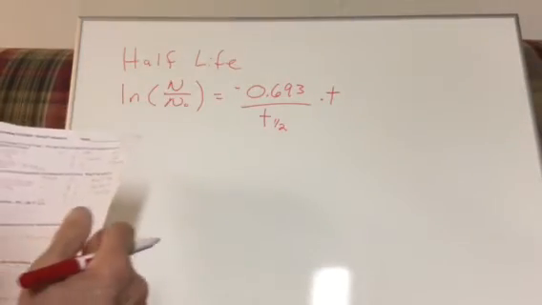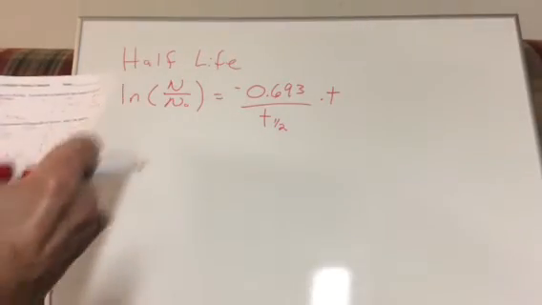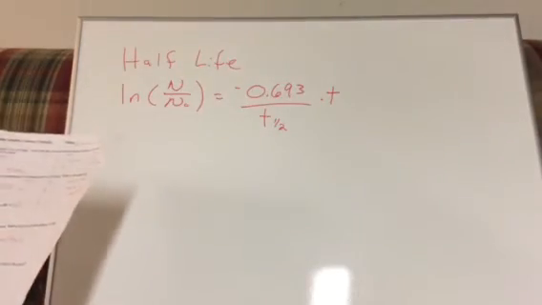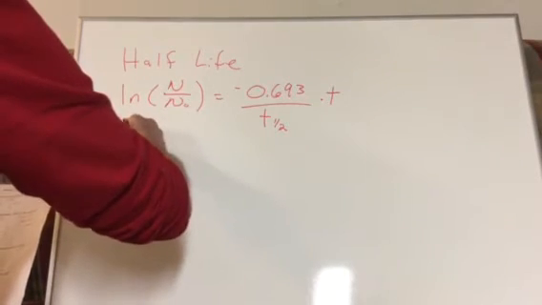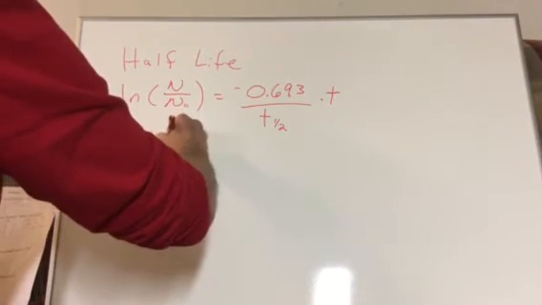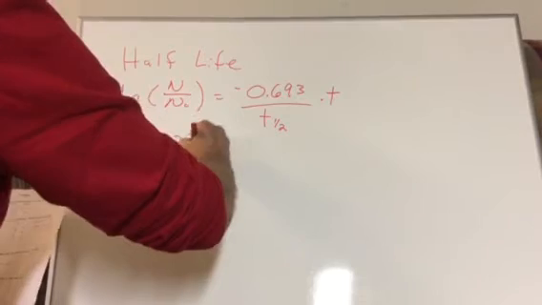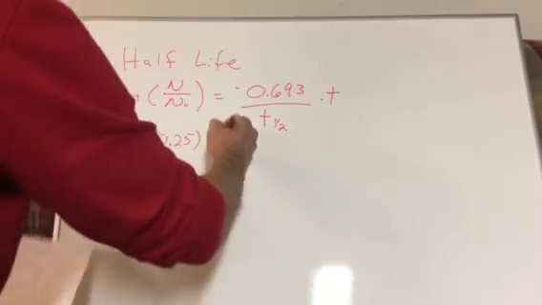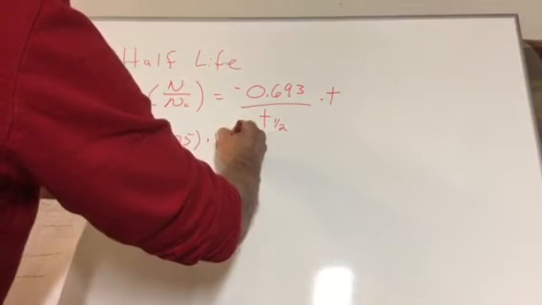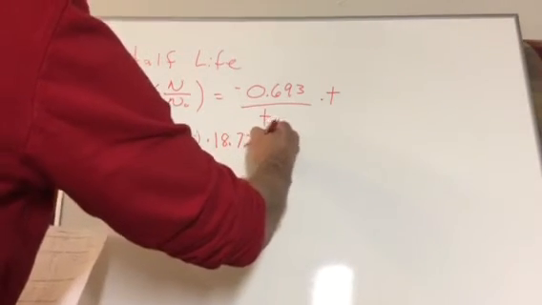Let's look at the first problem. You're told that 3/4 of it has decayed. So that means this ratio would be 0.25 because you have 25% of it left. Then you multiply that by the half-life, which you're told in the problem is 18.72 days.